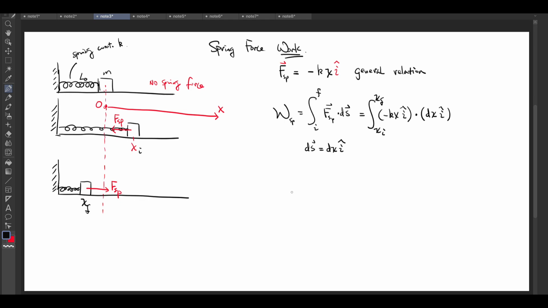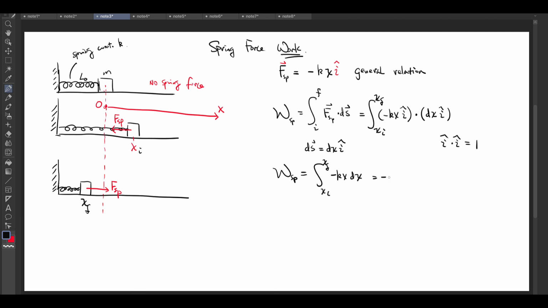Now let's continue here. The work done by spring equals, i hat dot i hat equals 1, right? It's these two terms. And then we get rid of the dot product, and then we have negative kx dx from x initial to x final.